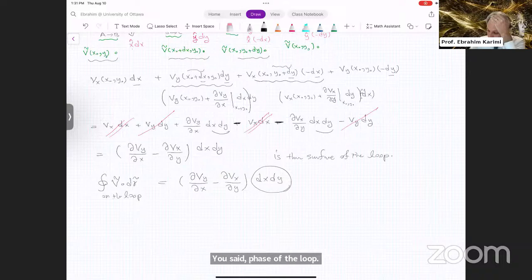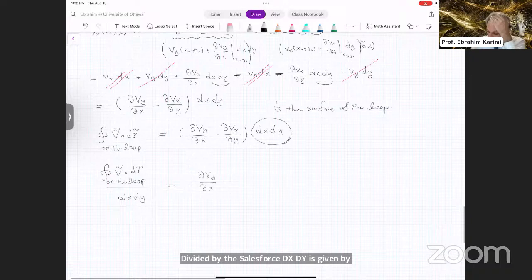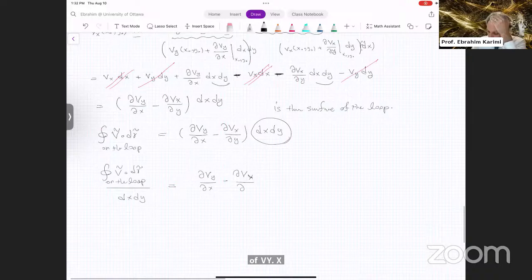And indeed, this integral of v dot dr, which is the rotation on the loop, divided by the surface dx dy, is given by the derivative of vy with respect to x minus the derivative of vx with respect to y.